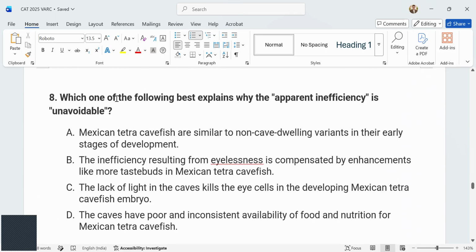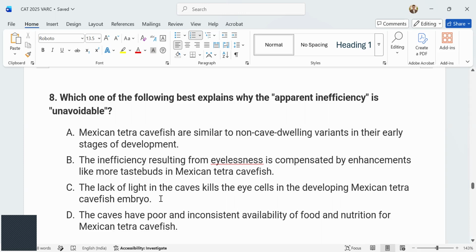Next one: which one of the following best explains why apparent inefficiency is unavoidable? Mexican tetra cavefish are similar to non-cave dwelling variants in their early stages of development. The inefficiency resulting from eyelessness is compensated by enhancements like more taste buds in Mexican tetra cavefish. I don't think this one is correct.